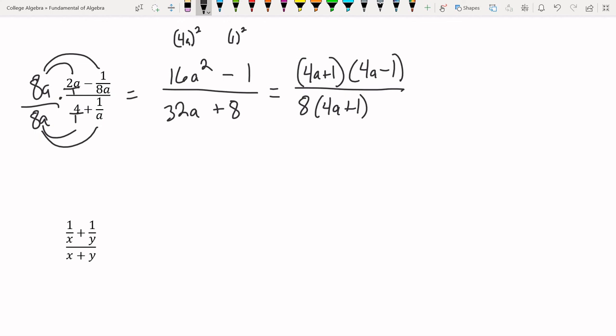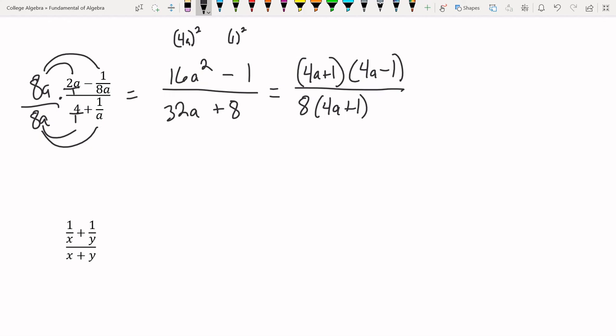Now, we still need to figure out what makes the denominator equal to 0. These complex fractions require a little bit more work because we have multiple denominators, not just a singular denominator. Now you've seen a little bit of how the simplification goes.